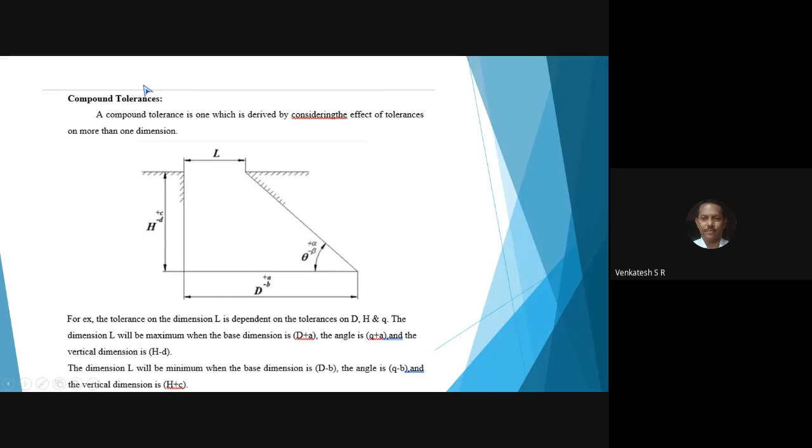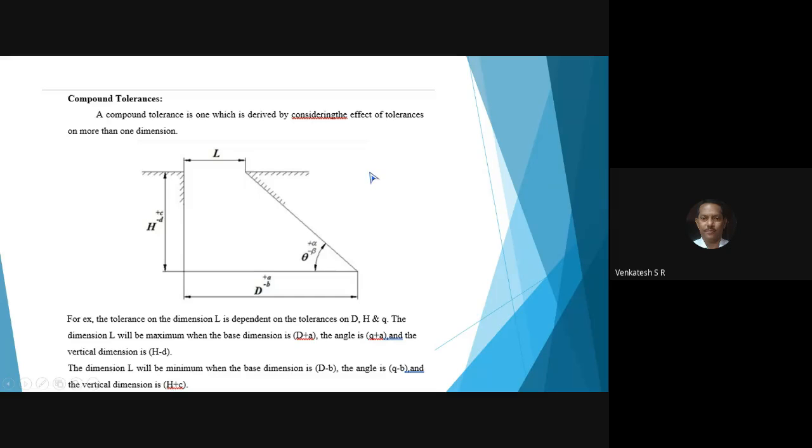Explain briefly with a neat sketch compound tolerance. This question carries 5 marks.